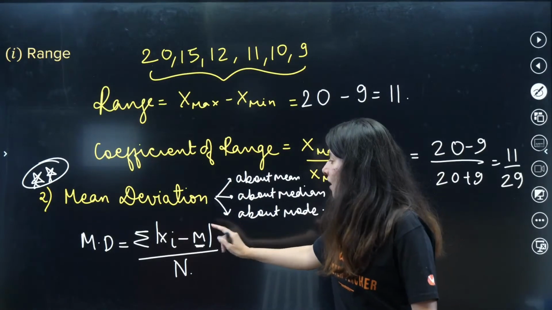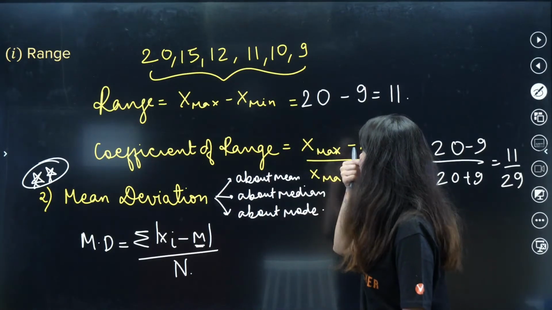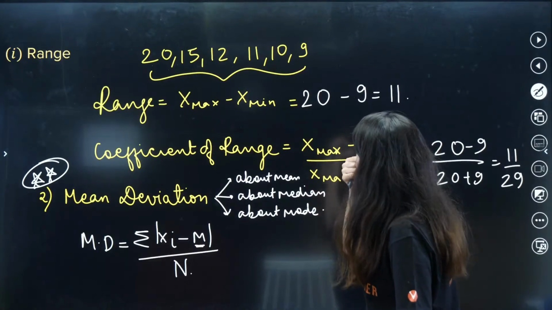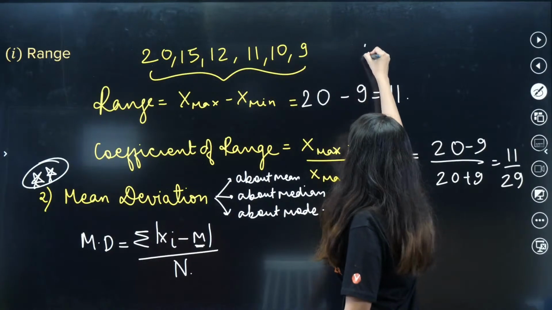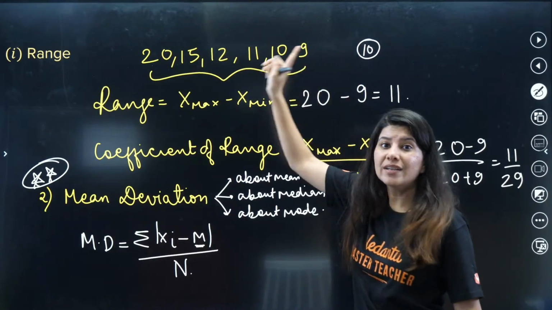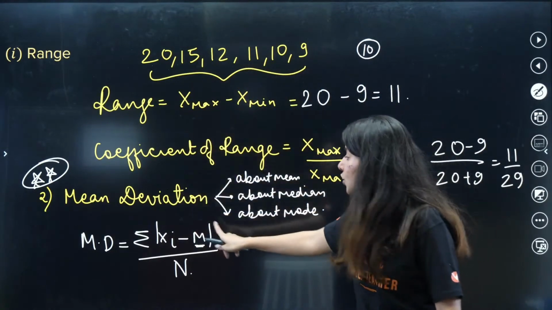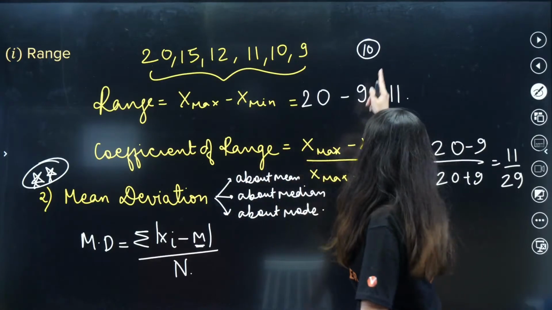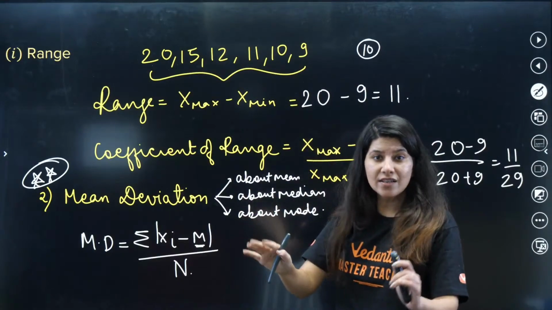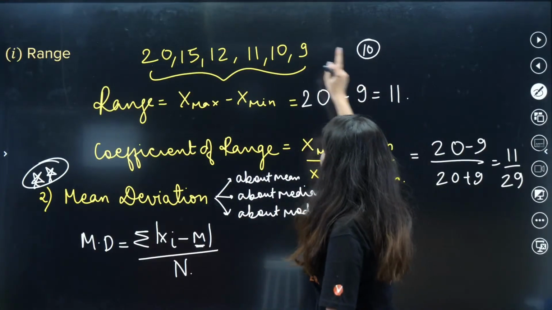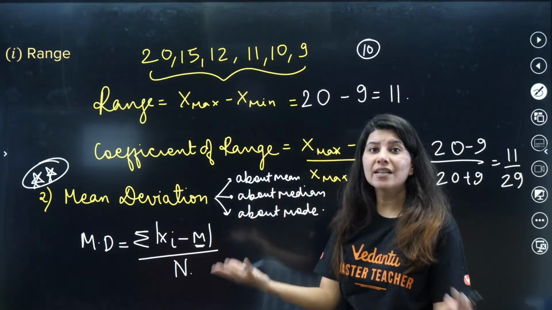Suppose you have got 10 as your mean. Then you need to calculate the deviation. Modulus is here, so it is a positive deviation. So 20 and 10, the deviation is 10. Plus 15 and 10, the deviation is 5.